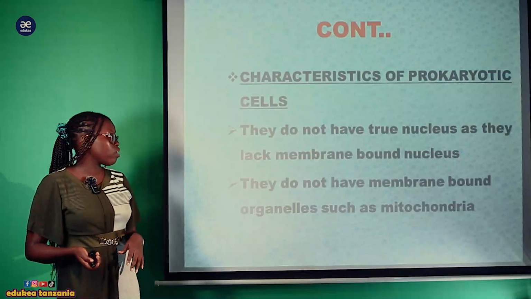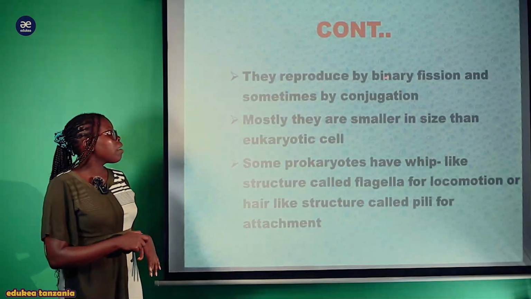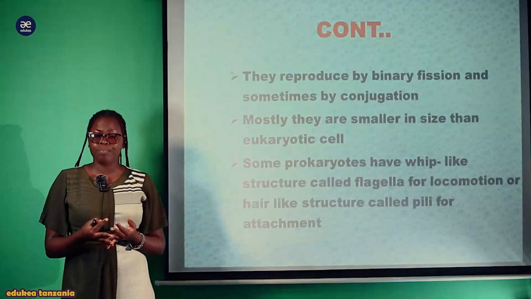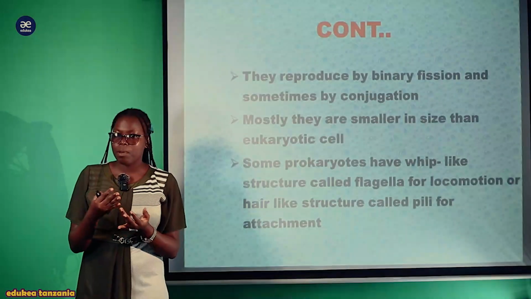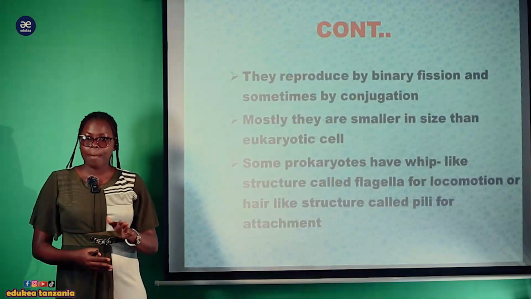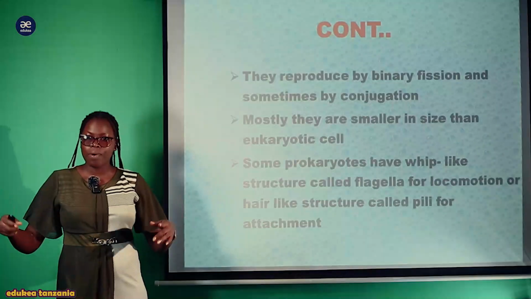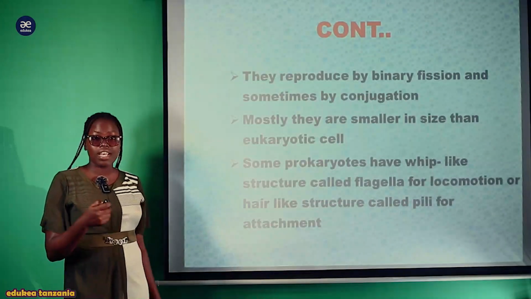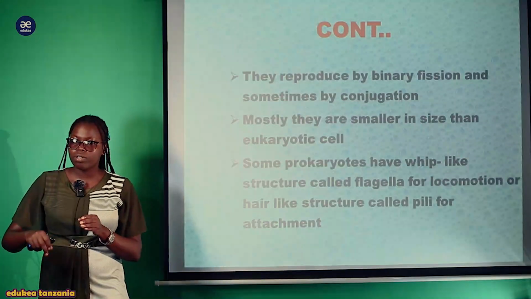Binary fission meaning that the organism, kwa mfano earthworm, minyoo, ana tabia ya ku reproduce by binary fission, meaning that it divides into two equal parts, ambao each equal part, two equal halves, grows into a matured organism. By conjugation, take an example, amira, wana grow yani kwa kuumuka. Yes, like kama amira. Amira yeast is an example.